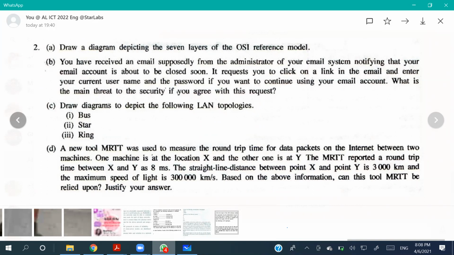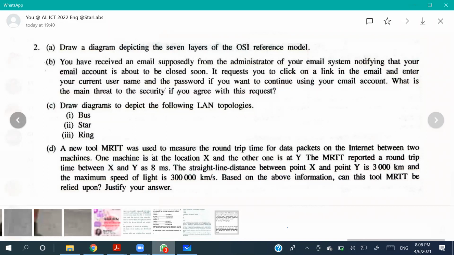One machine is at the location X and the other machine is at Y. The MRTT reported a round trip time between X and Y as 8 ms. 8 ms means 8 milliseconds, right? The straight line distance between point X and Y is 3000 kilometers and the maximum speed of light is 300,000 kilometers per second, right? So it says, based on the above information, can this tool MRTT be relied upon? Justify your answer.